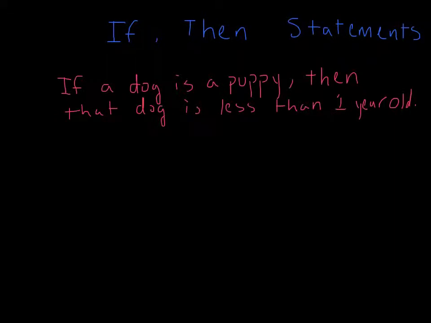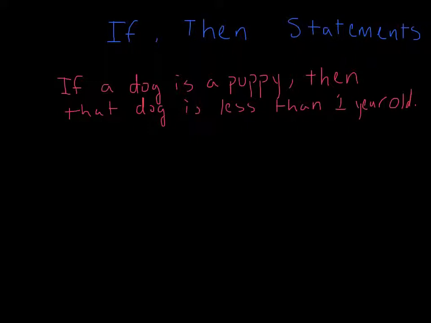Alright, so let's look at the example that we have here. It was midway through page 1 of Unit 9. It says, if a dog is a puppy, then that dog is less than 1 year old. Okay, so let's talk about what the two parts are. Remember the hypothesis is the if part.